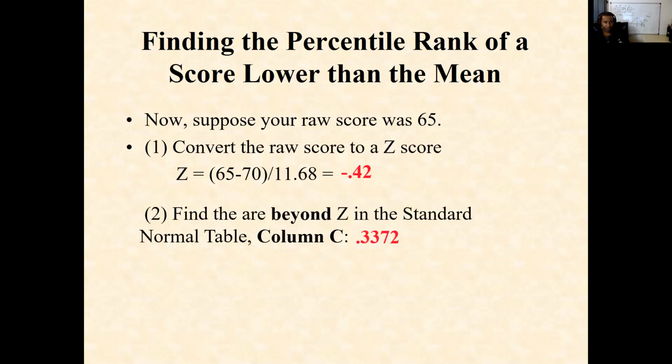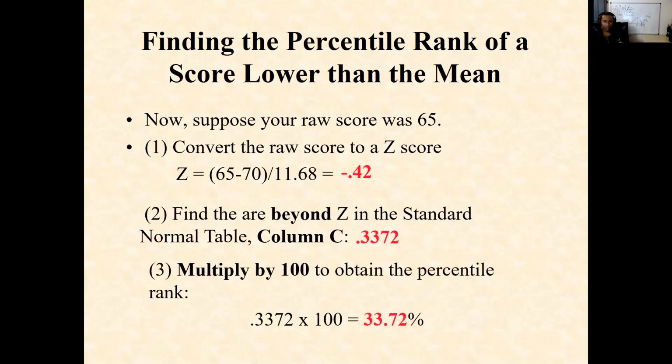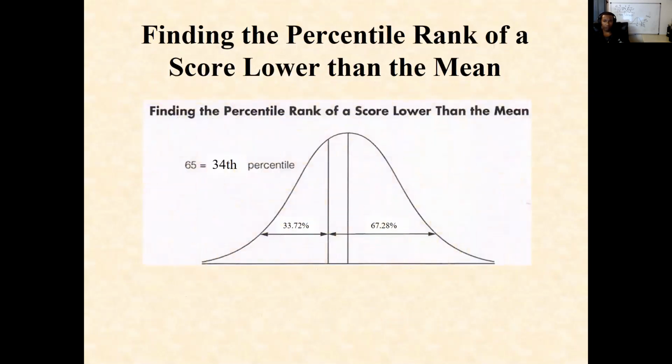The C column gives us 0.372, which is approximately 33, 34% of the class did worse than we did if we scored 65. Again, the reason why we look into the C column is because we want to know what percentage of the class did worse than we did, so that we know our percentile rank. Okay.